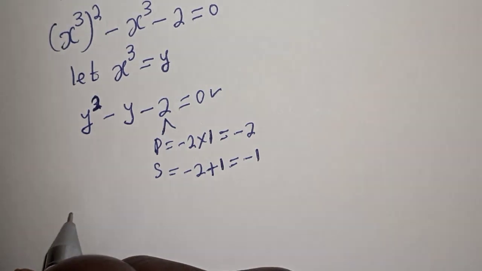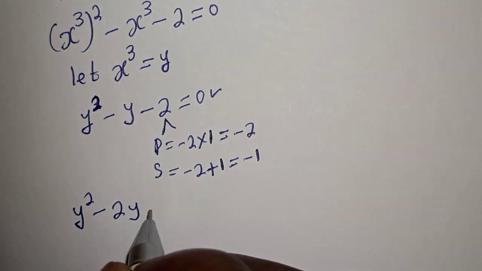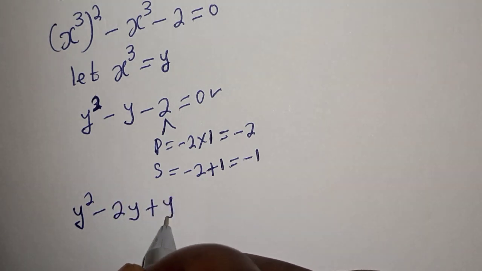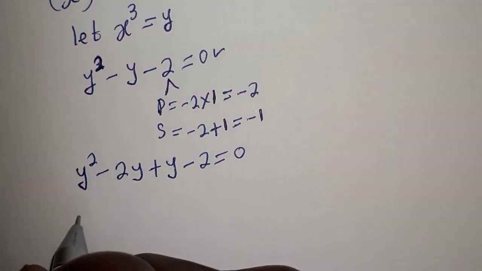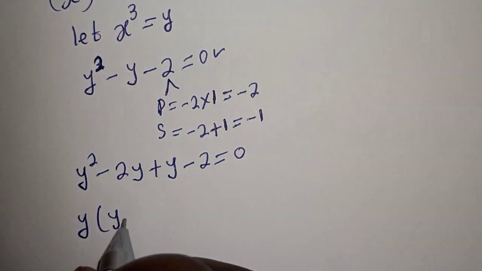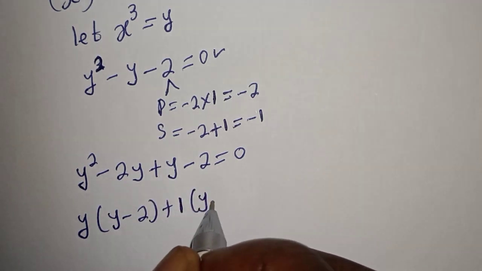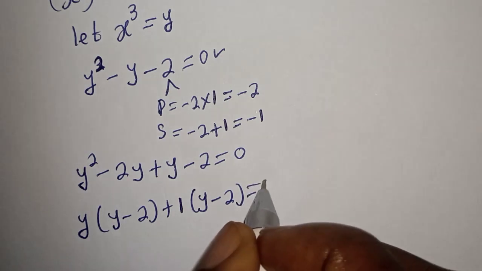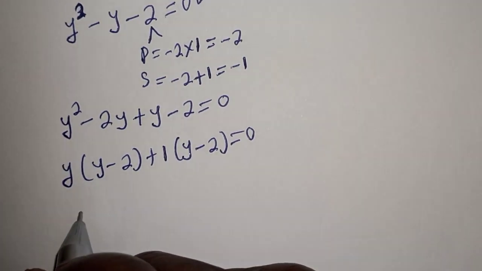We have y squared minus 2y plus y minus 2 is equal to 0. Then y bracket y minus 2 plus 1 bracket y minus 2 is equal to 0. Y minus 2 is common.